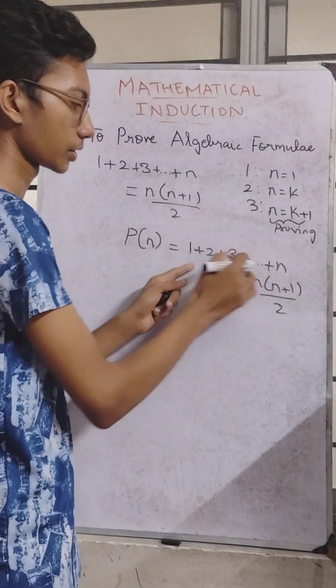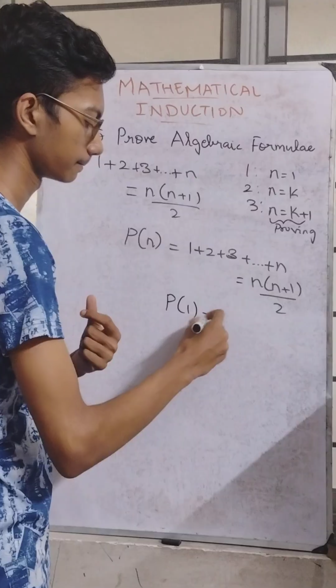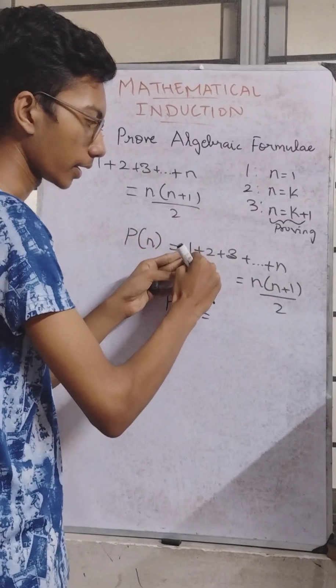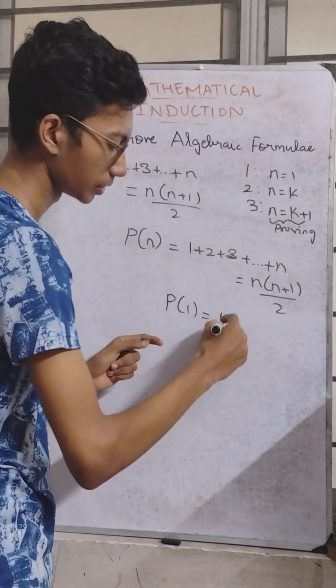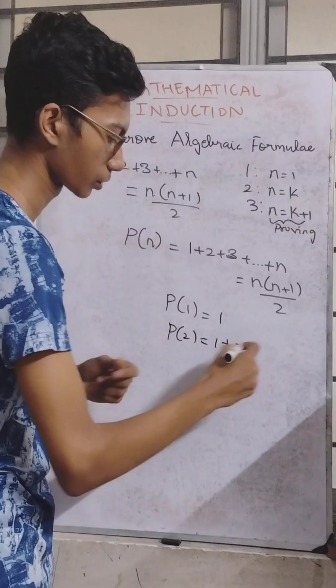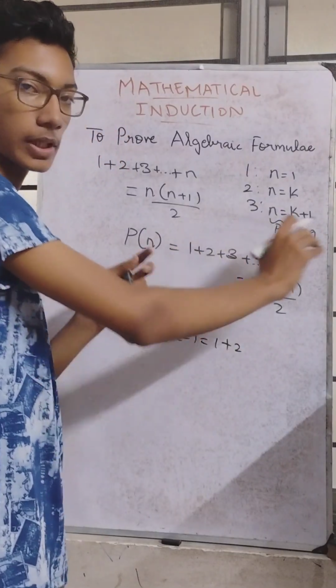So what this actually means is, let's say we have P of 1. So instead of n we have to put 1. So it goes from 1 through the natural numbers. So P of 1 is just 1. P of 2 is just 1 plus 2. And it goes on. So this is the actual meaning of 1 plus 2 plus up to n terms.